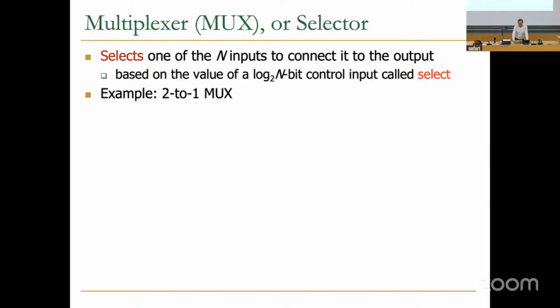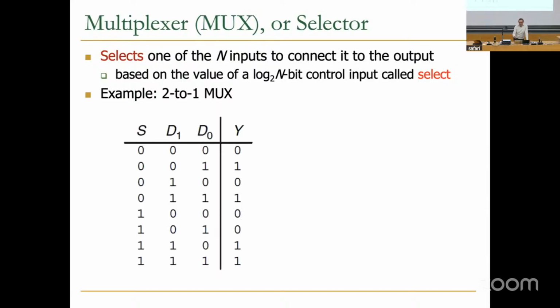A 2-to-1 mux has 2 data inputs and 1 select input. If the select input is 0, output is equal to data input 0, as you can see. If the select input is 1, output is the same as data input 1. Basically, it chooses one of the inputs to pass to the output.